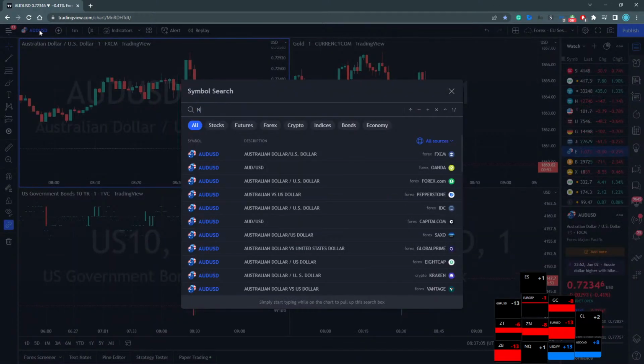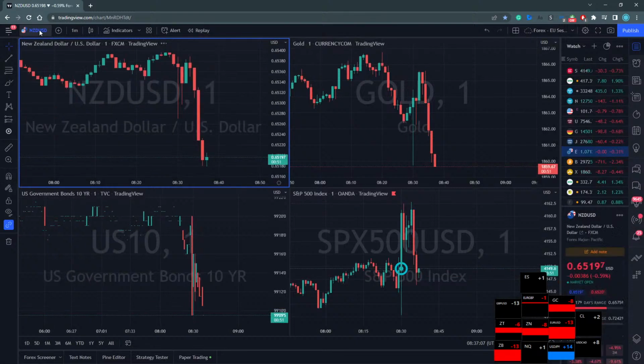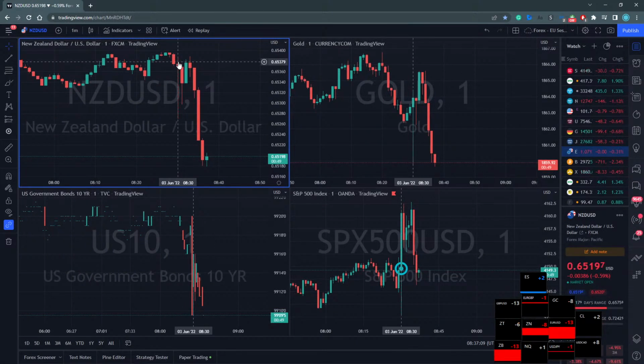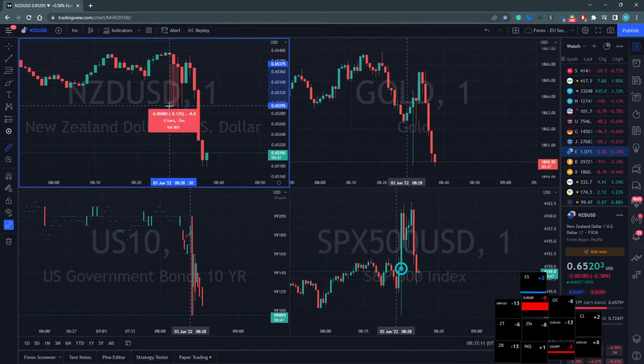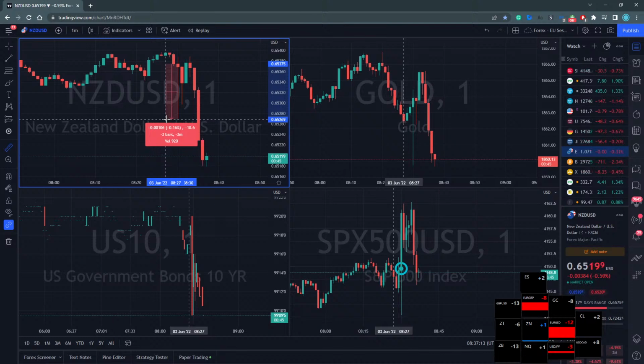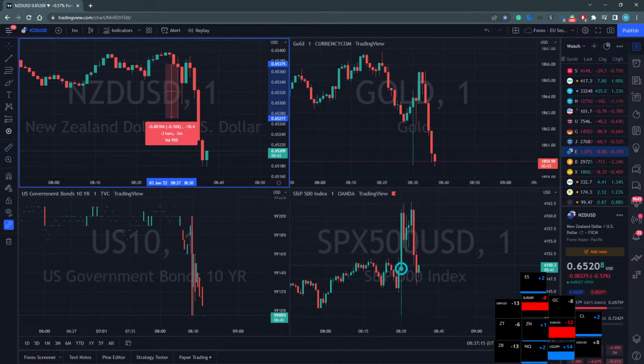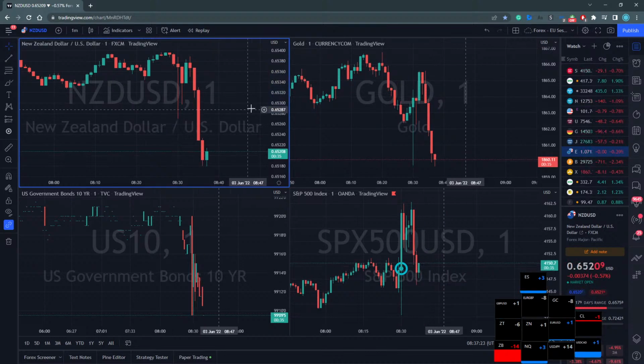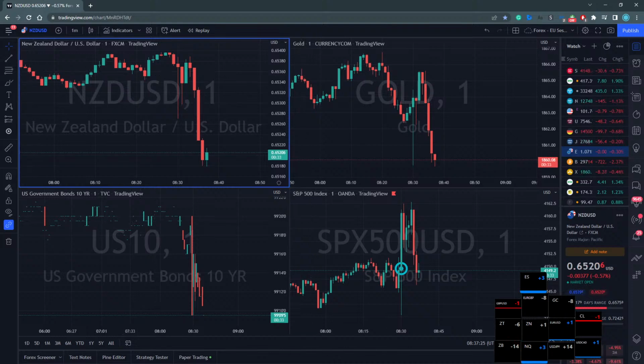New Zealand dollar, USD. About 10.5 down. What else do we want to look at?